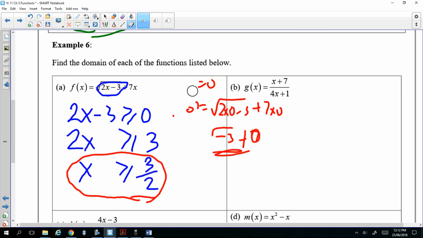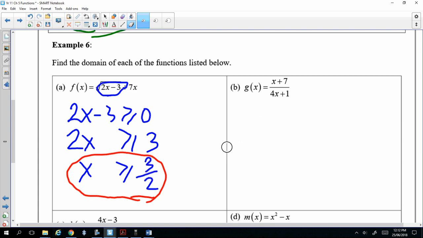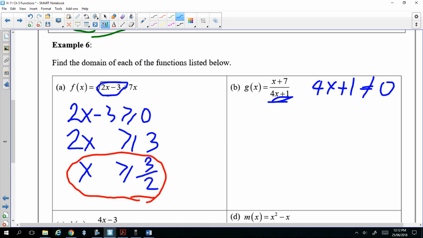Okay, let's do the next one. What strategy do you use next? It's a fraction with a pronumeral in the denominator. You just write 4x plus 1 must not equal 0. That's the only restriction. For a fraction, the denominator can never be 0. But it can be negative, it can be positive, it just can't be 0. So if you solve for x, x will not equal negative 1 over 4.